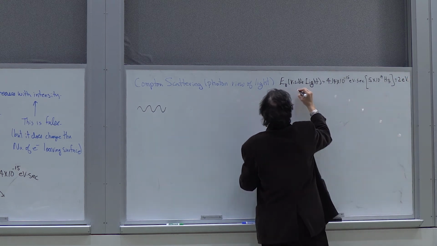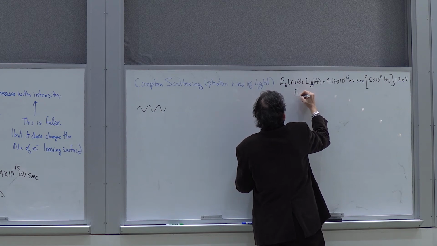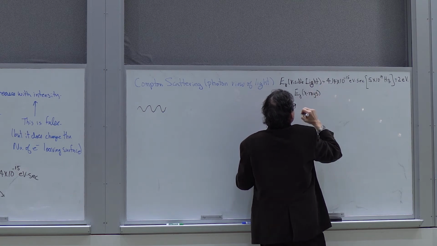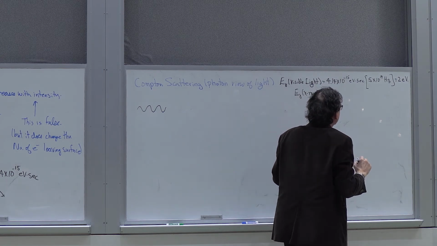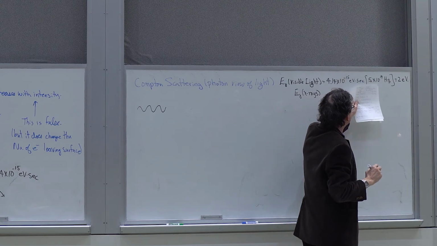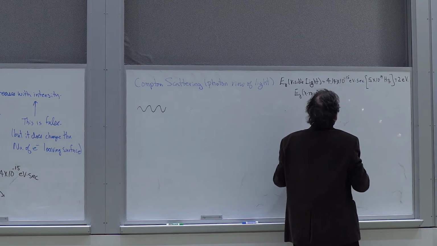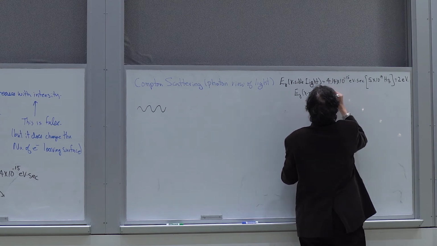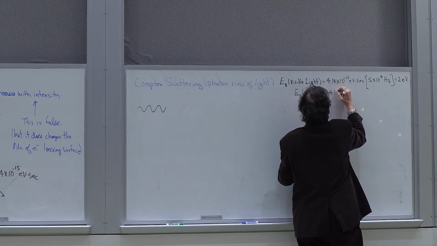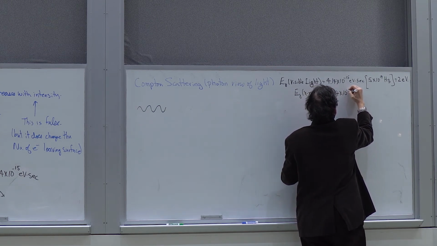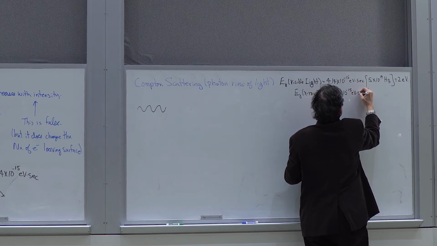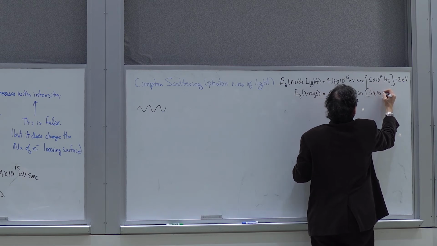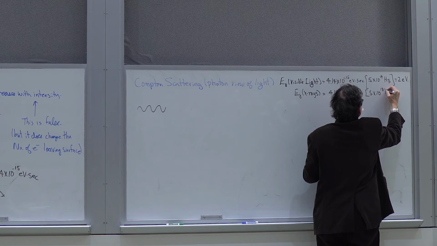If I'm talking about X-rays, the energy of a photon for X-rays, and if I were to assume that the wavelength is about 10,000 times shorter, then this becomes 4.14 times 10 to the minus 15 eV seconds times 5 times 10 to the 18th hertz.